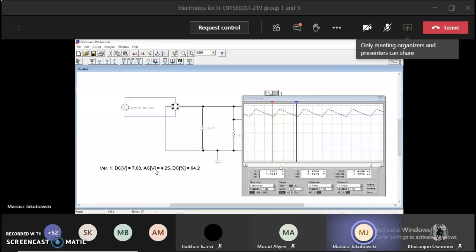And you can see that the voltage drops, but it still doesn't look like a series of bumps, but some jagged straight line.